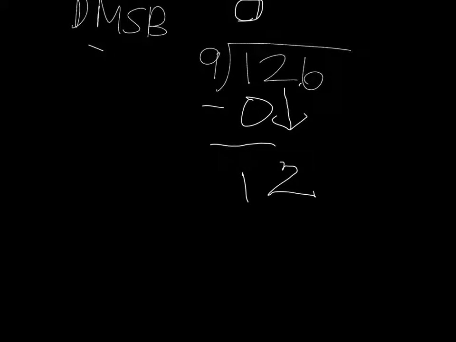And that's 1. Good. So then you put a 1 up. And then it's mother multiply. You multiply 9 times 1. And that's 9. Good. So then you put a 9 right here.